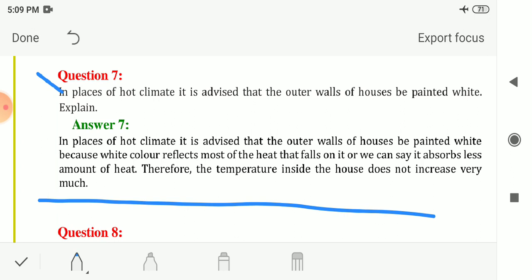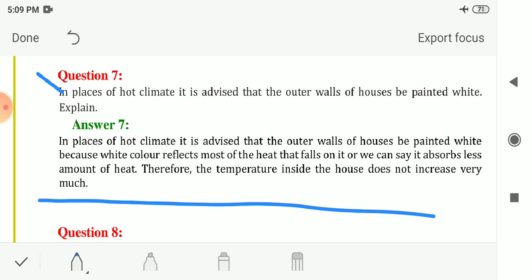Explain why. In places where the climate is hot, people are advised to color the outer walls of their houses white. Why? Because white color reflects most of the heat that falls on it, or we can say it absorbs a lesser amount of heat. As we had seen in the activity, white color absorbs less heat and reflects most of the heat that falls on it.